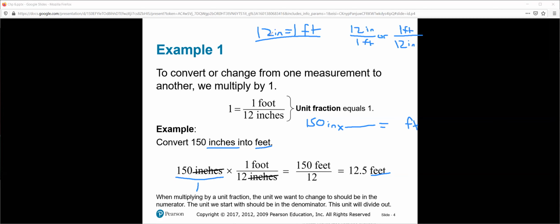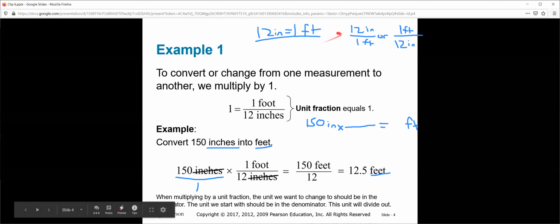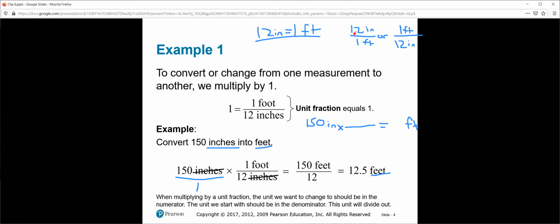The inches was next to the 12 here, and the inch is next to the 12 here. I kept my units and my numbers together. That's important.